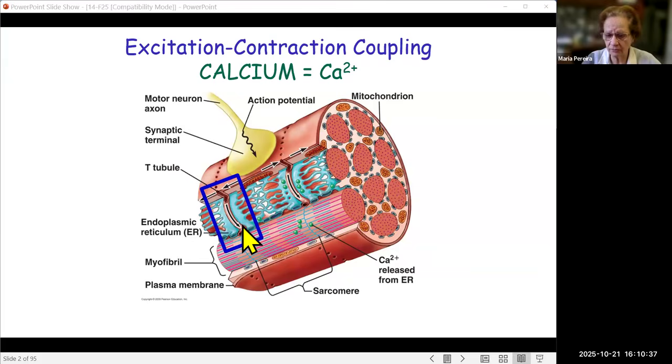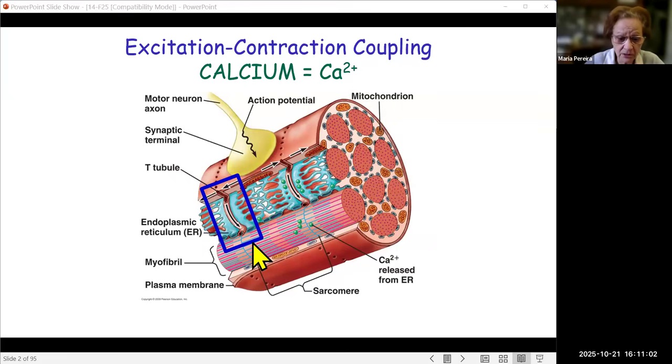And this is the beauty of this process. So the change in potential goes down the T tubule, sends a signal to the sarcoplasmic reticulum, opens the calcium channels, and now calcium comes out of the sarcoplasmic reticulum and floods the myofibril.